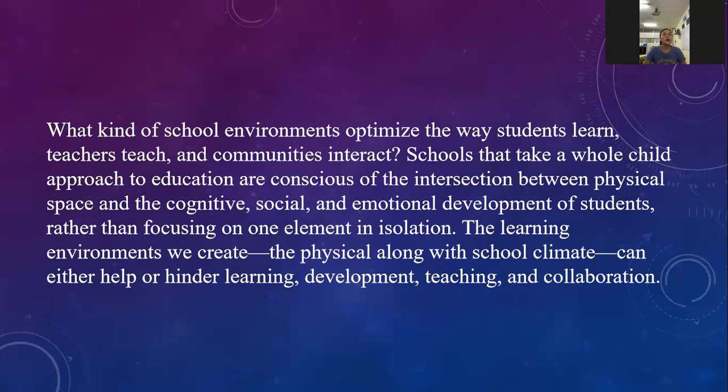So schools that take a whole child approach to education are conscious of the intersection between physical space and the cognitive, social, and emotional development of students, rather than focusing on one element in isolation. The learning environments we create, the physical along with the school climate, can either help or hinder learning, development, teaching, and collaboration.